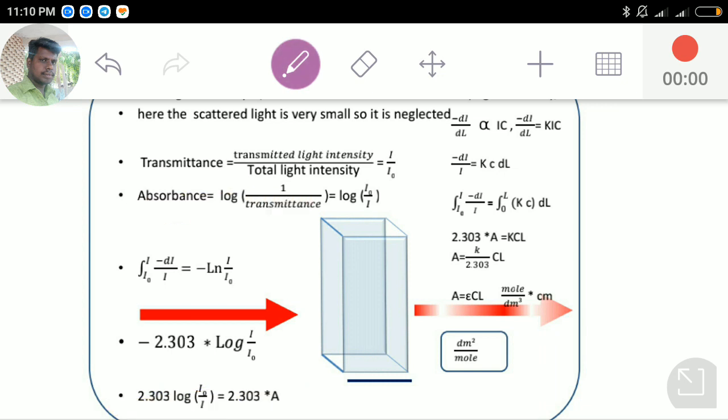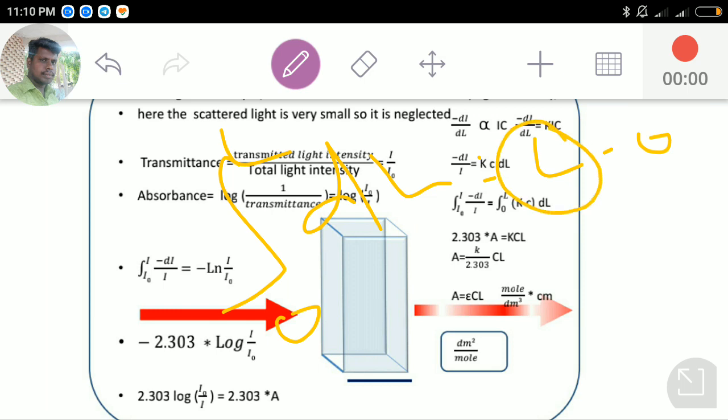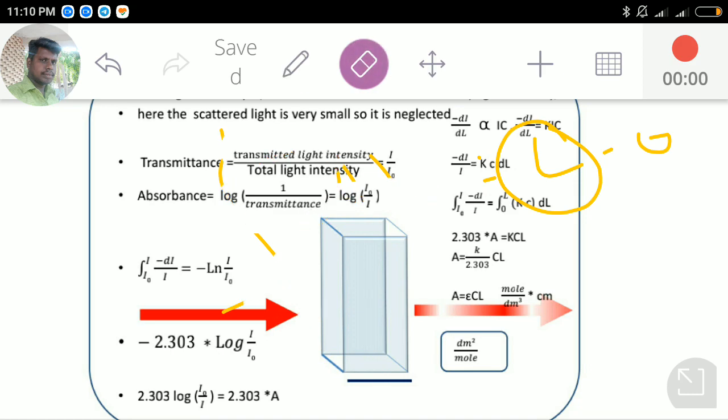So the left side becomes 2.303 into absorbance, equal to the right-hand side, a simple equation. kC is a constant that comes out of the integral. The integral of dl from 0 to L gives L minus 0, so we get L only. Simple integral.